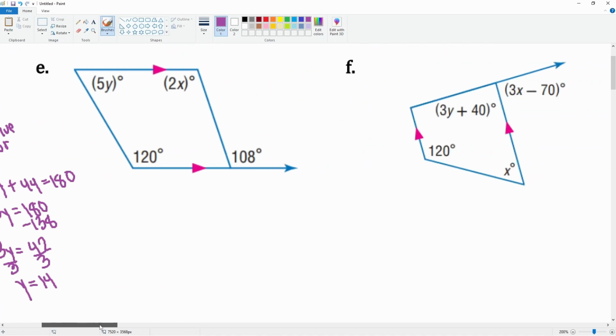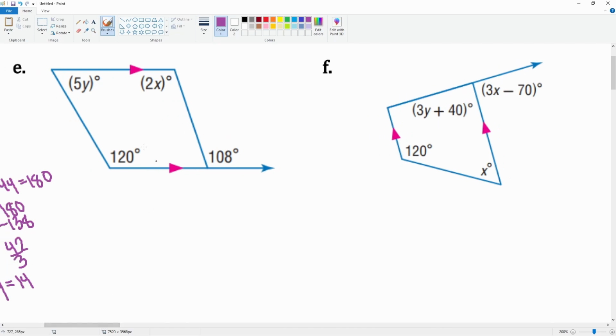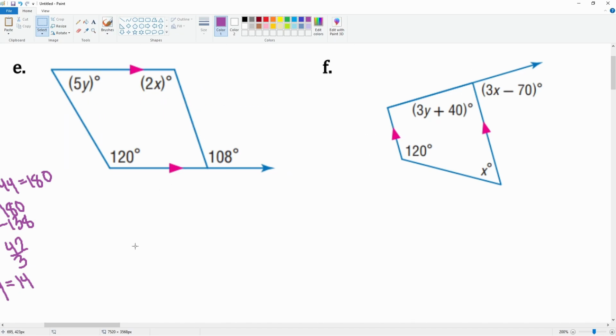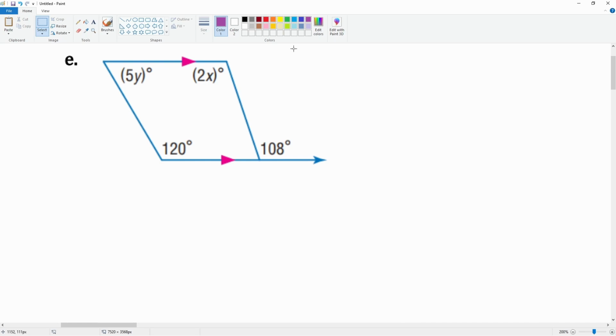All right, let's look at E. So I'm going to move E so we can get a little bit more room. Hang on a second. All right, so here's just E. Let's draw the parallel line so we can see it better. Let's just extend the parallel lines. That is your first parallel line. We note that because of the pink triangle.